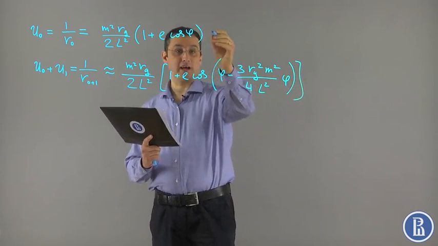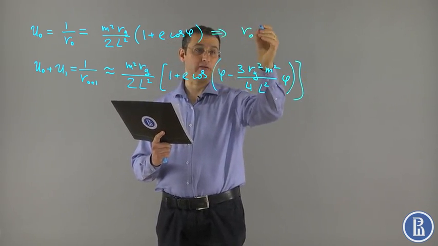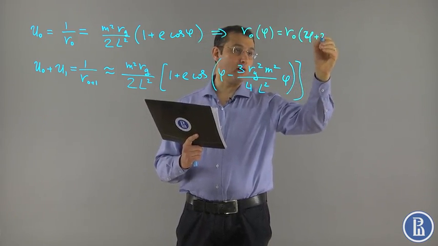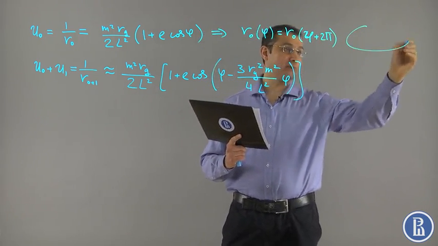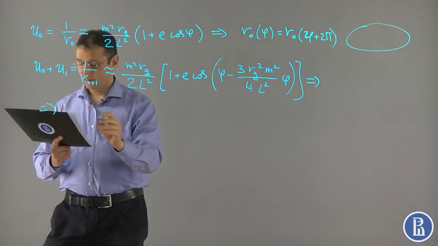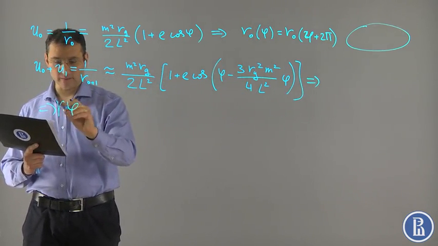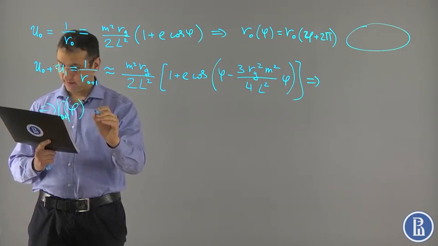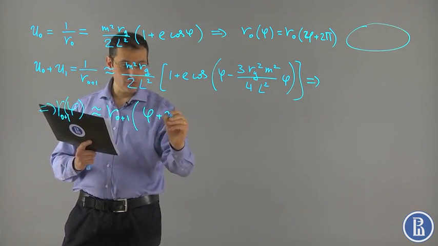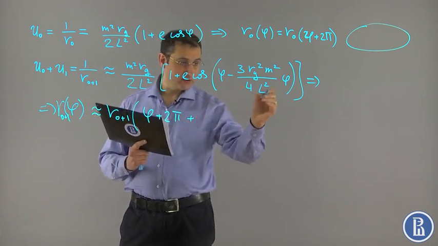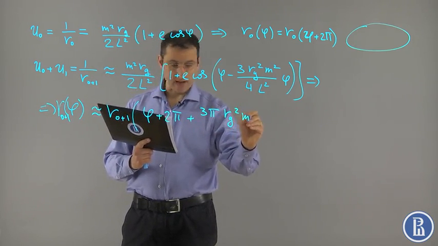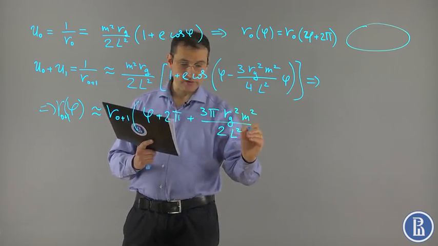So while this one corresponds to closed trajectories, so R0 of phi is equal to R0 of phi plus 2 pi, so this is a closed elliptic trajectory, this one corresponds to a not closed trajectory, so we have R0 plus 1 of phi approximately equal to R0 plus 1 of phi plus 2 pi plus a small correction due to this term, which is 3 pi Rg squared m squared over 2L squared.